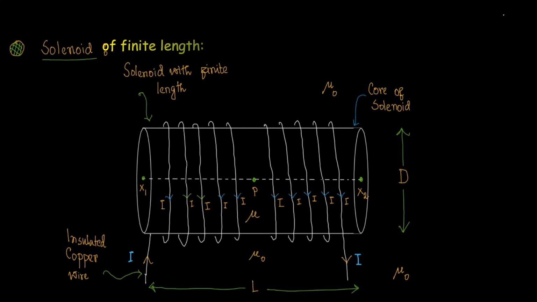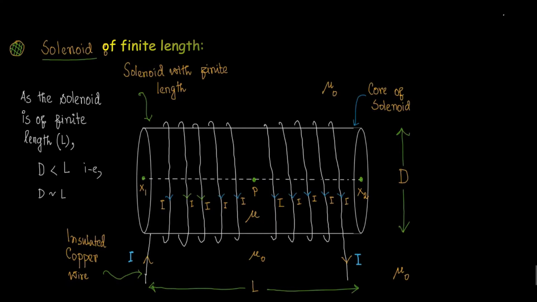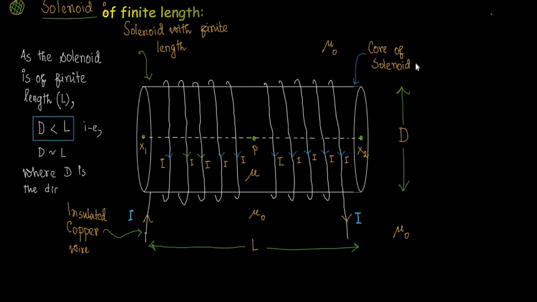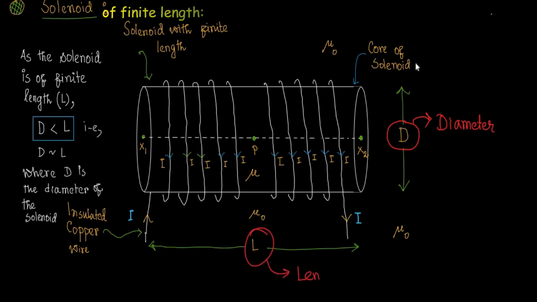Here we are considering a solenoid of finite length, that's why the finite length is capital L. As the solenoid is of finite length, diameter D is just less than L. That is, diameter D is comparable to the length L. It is not much less than L, where D is the diameter of the circular cross section of the solenoid, and L is the length of the solenoid.